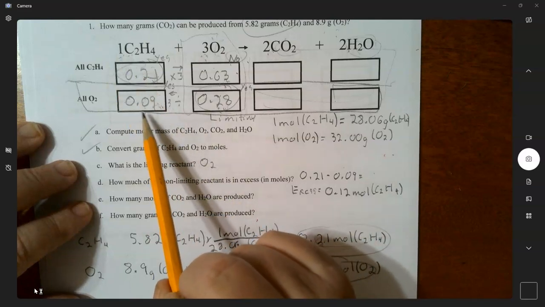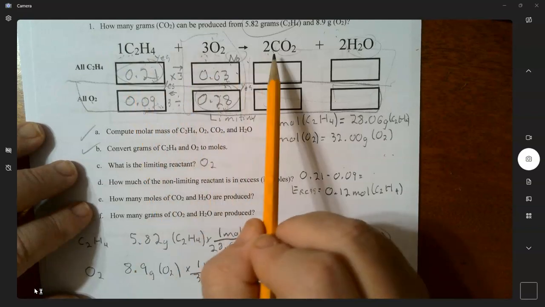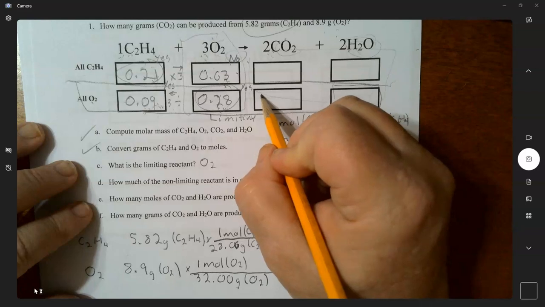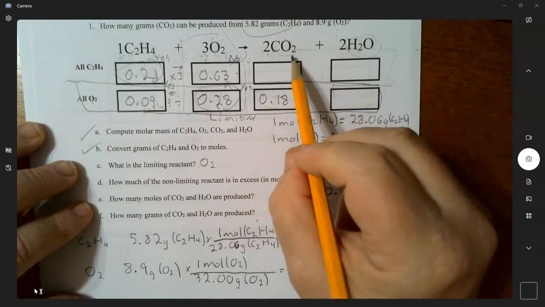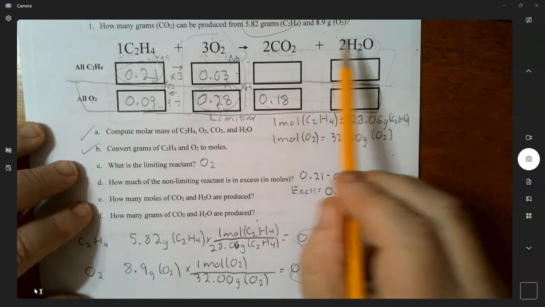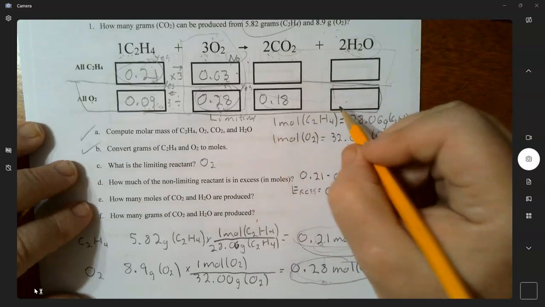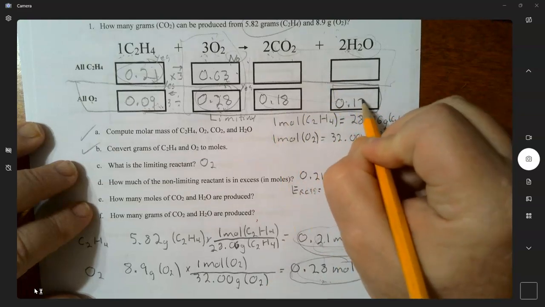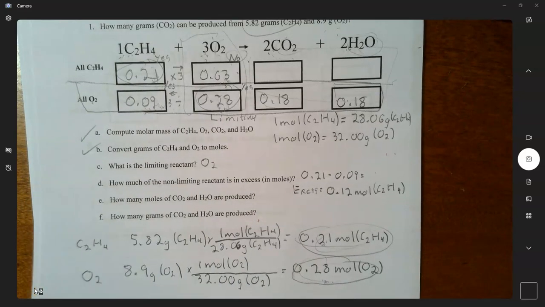You're going to use this much C2H4 right here. So if you multiply that by 2, you're going to end up with 0.18 moles of CO2. And since these two coefficients are the same, 2 and 2, then this number has to be the same as that number. All right, and that takes care of how you do a limiting reactant problem.